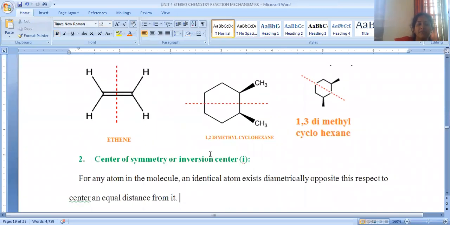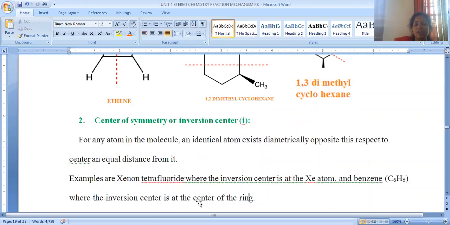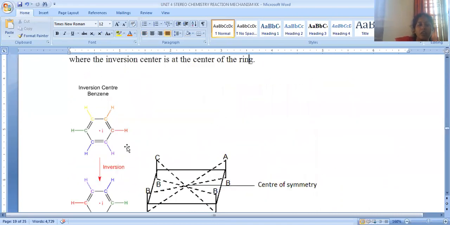The second type of symmetry element is the center of symmetry. The center of symmetry is also called the inversion center. It is denoted with I. For any atom in the molecule, an identical atom exists diametrically opposite, at equal distance from the center. So when we draw a line from the center towards one side, the exact opposite side also has the same kind of functional groups.